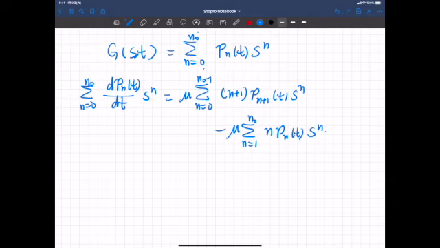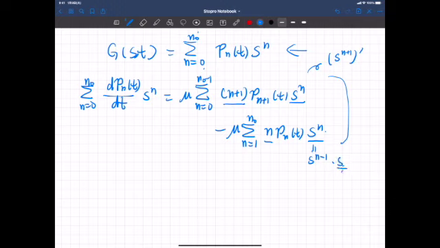So this is derived from the differential difference equation, and we want to express this equation in terms of the PGF. If you look at this (n+1) s to the power of n, you can see that this is the derivative of s to the power of n+1 with respect to s, right? And from this n s to the power of n, how can we get rid of that? s to the power of n is s to the power of n minus 1 times s.